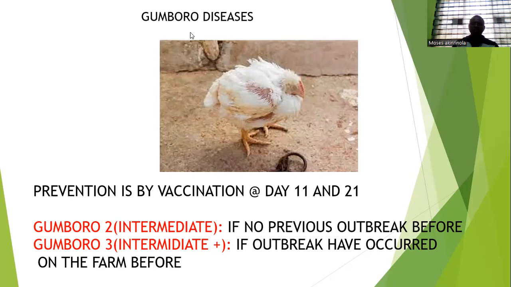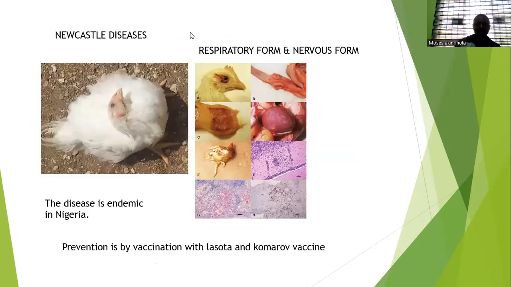But if it's a new farmer that has not experienced such disease on the farm before, then you go for Gumboro 2 alone. I hope you understand. A farmer that has been exposed before, if the farmer uses Gumboro 2, there is a high probability of being exposed again to the same disease, because Gumboro 2 is not strong enough to prevent the birds from coming down. So rather, the farmer should go for Gumboro 3. I hope you understand. Thank you.